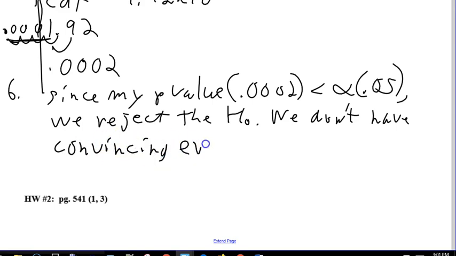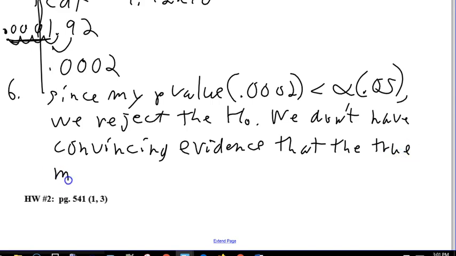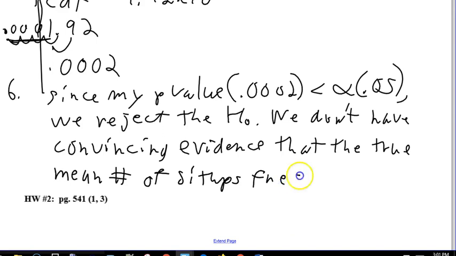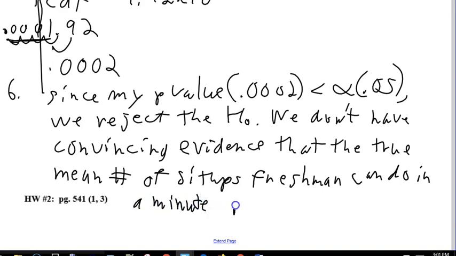Convincing evidence that the true mean number of sit-ups freshmen can do in a minute, almost said an hour, that'd be easy, is less than 36.